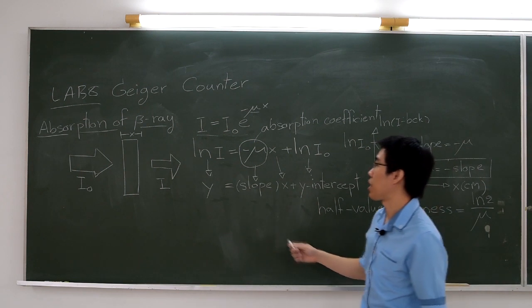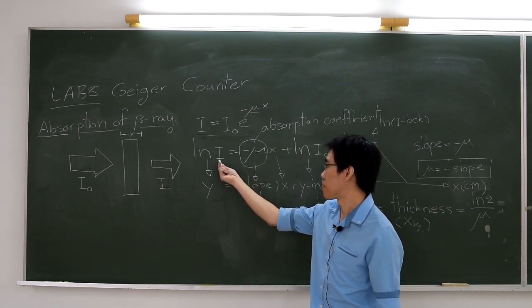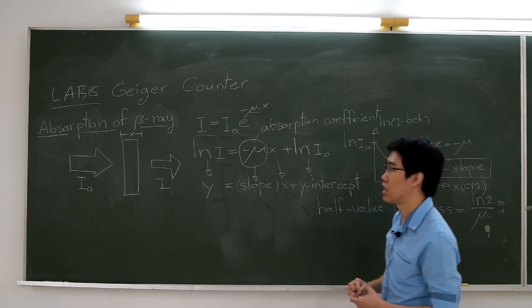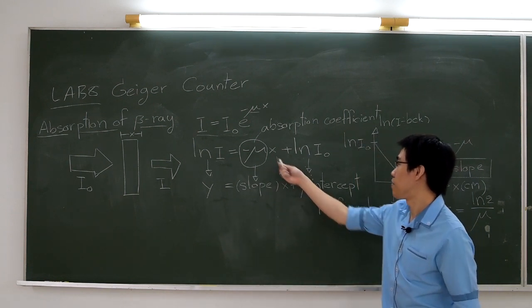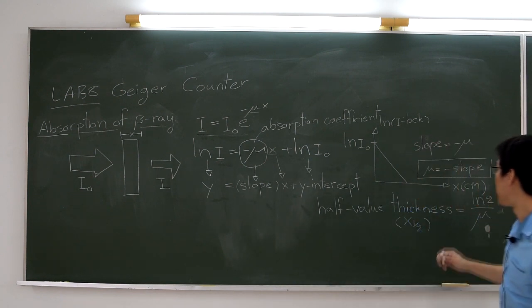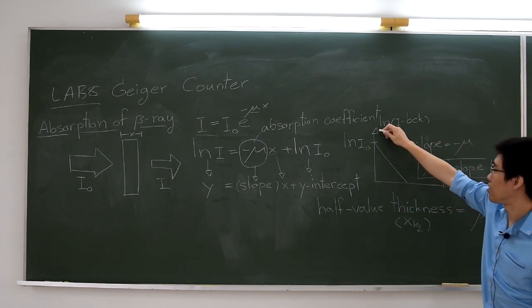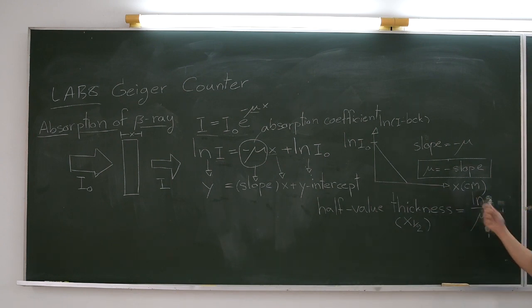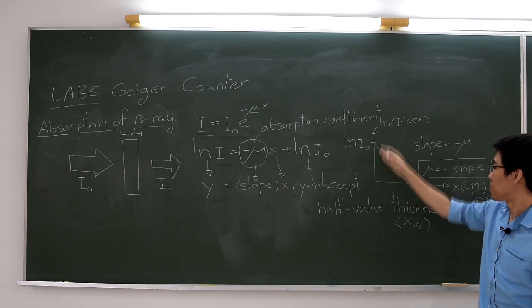And in this section, we will measure the intensity of the radiation and the thickness of the material, and plot the graph of the thickness and log of the intensity subtracted with the background radiation.